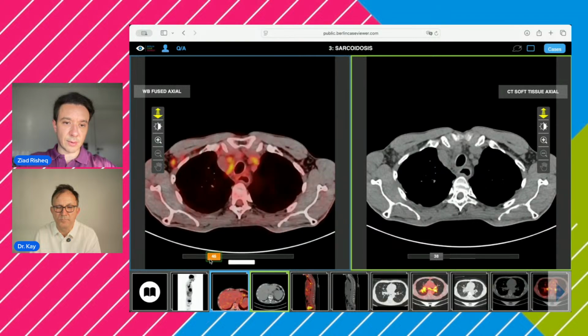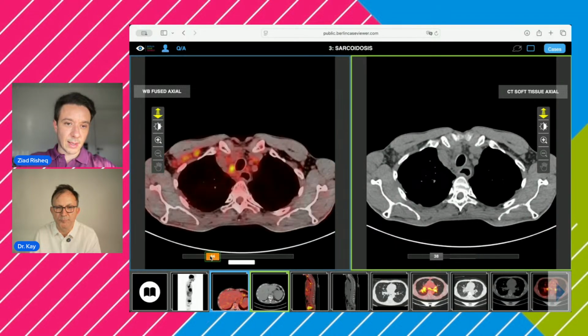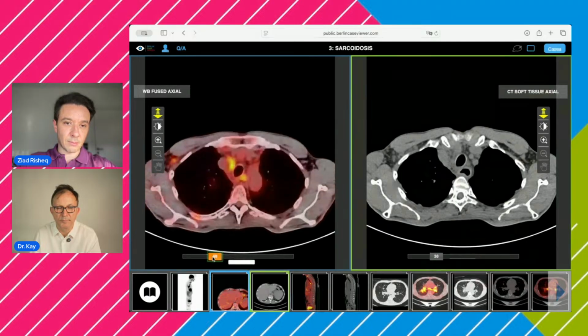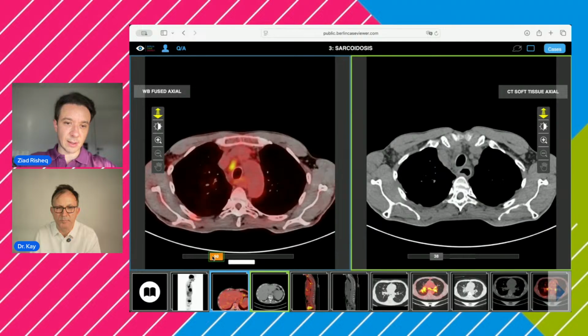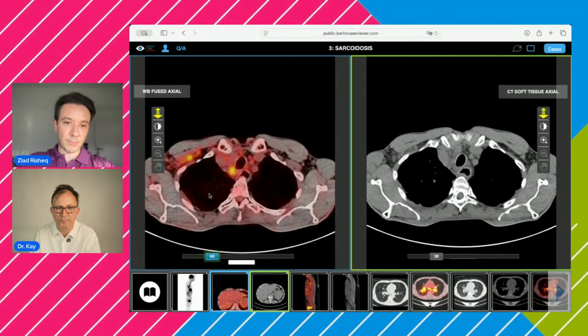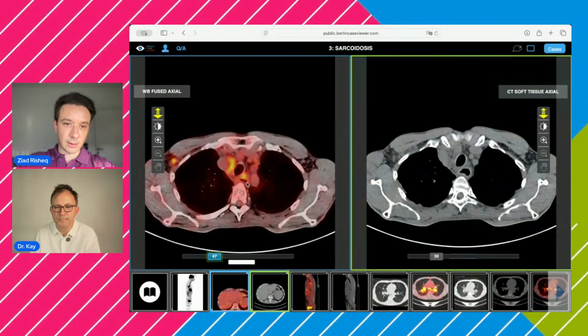We go down to the mediastinum and thoracic inlet. We have a lymph node here, and we have multi-regional mediastinal lymph nodes in the upper paratracheal region above the aortic arch, and prevascular lymph nodes.